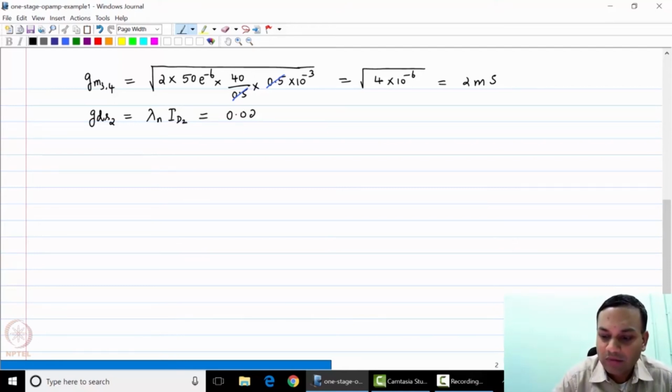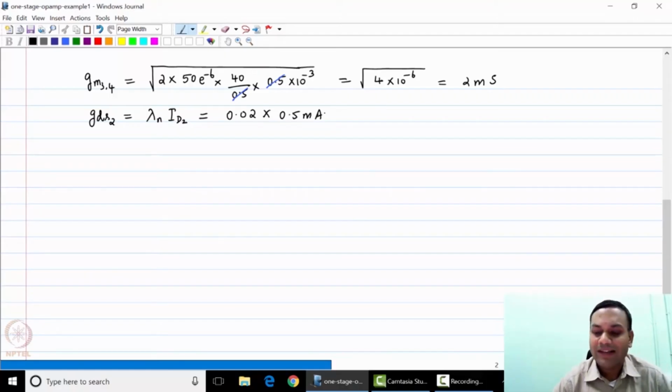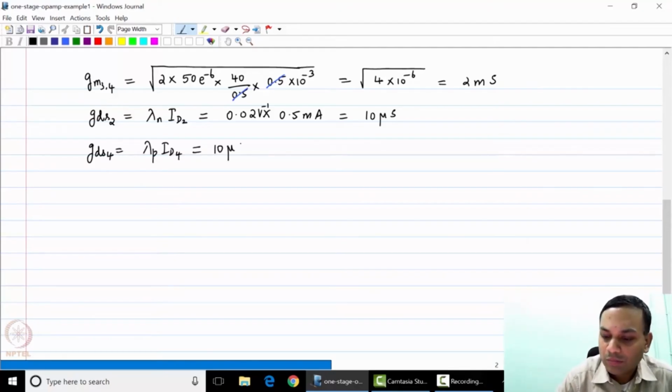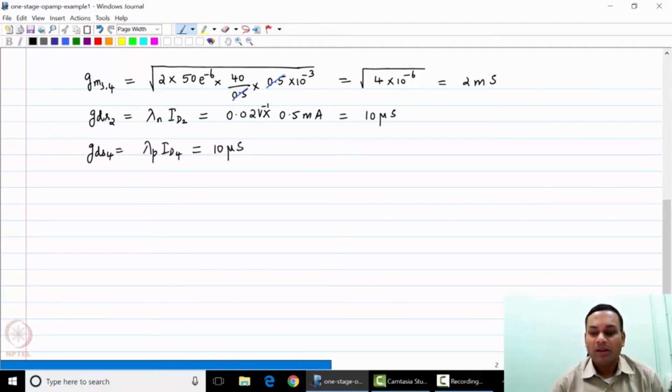So this is 0.02 into ID2, which is 0.5 milliamperes, and this is 10 microsiemens. Similarly, GDS4 is lambda P ID4. This is also 10 microsiemens.